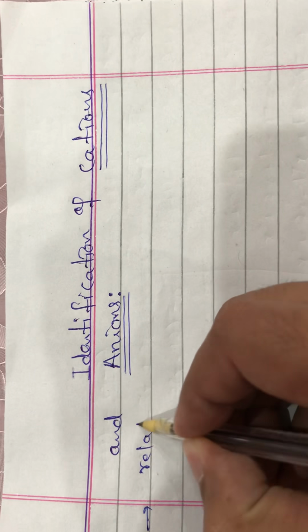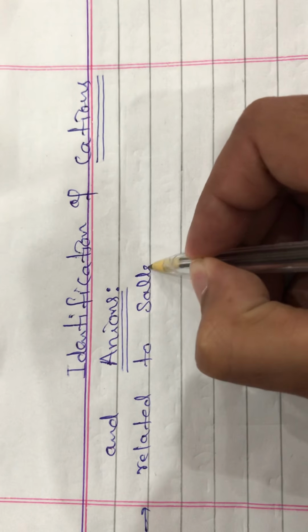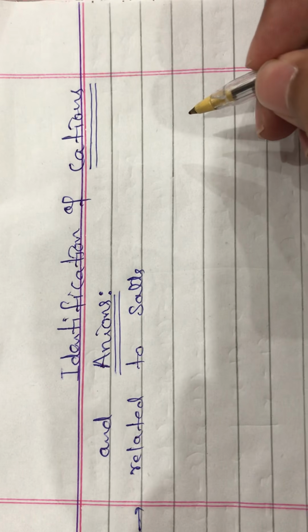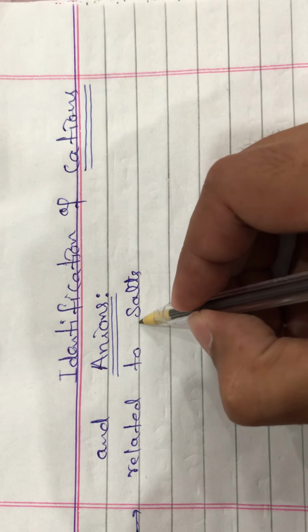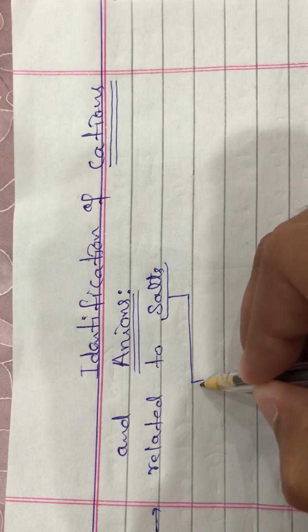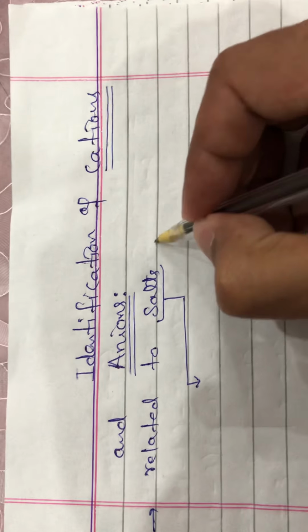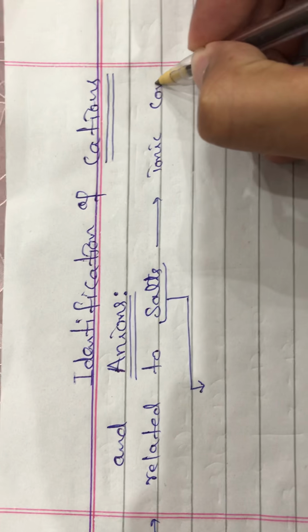related to salts. That's why I conveyed to you a message that you have to memorize the solubility rules for salts, as you are all aware that salts are ionic compounds. These are ionic compounds.